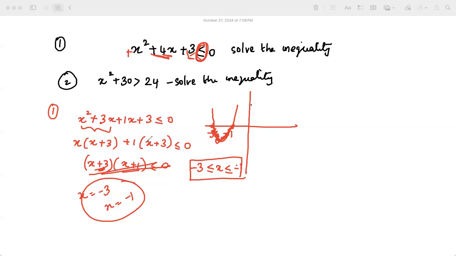No, I checked it. For the first one I got it right. I wrote x is greater than or equal to -3. Correct. This one was right, but this one was wrong, instead of -1. I wrote 1 instead of -1. Did you get a -1 or 1? I wrote 1, but I got -1 on my paper. Oh my gosh. Okay.